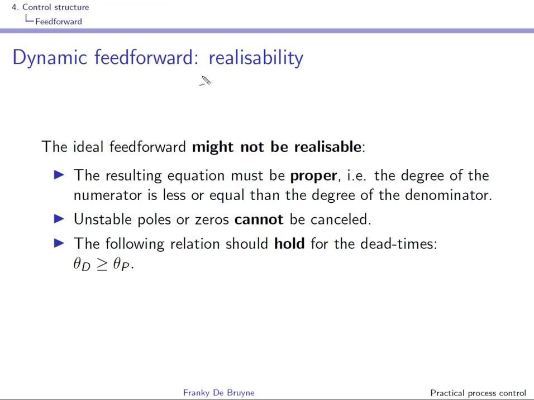Let us take an example. So the input-output dynamics is in this case described by this, well, second order lead lag. So we have the lead here, S+1, and we'll assume here that the lead is negative.